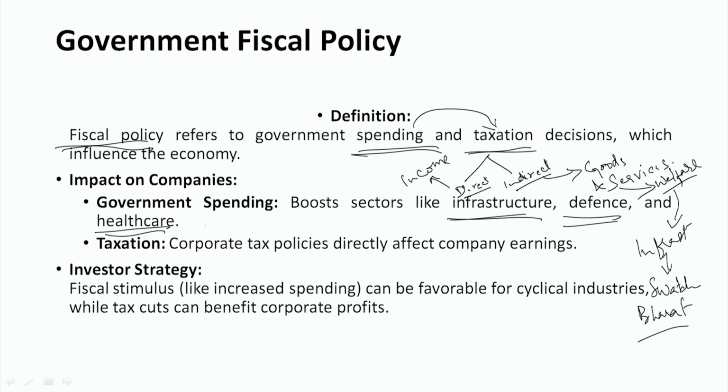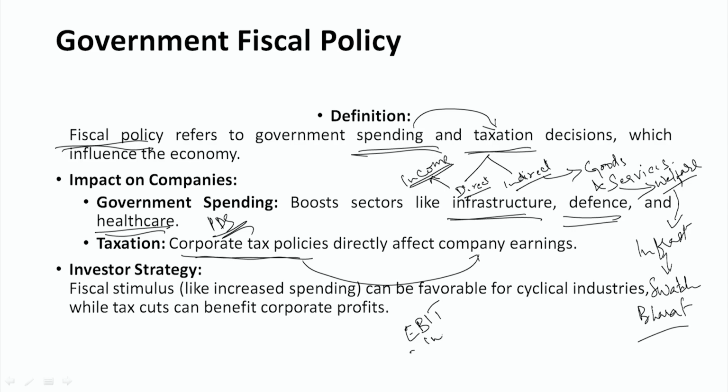Even a small thing like your PDS scheme, your public distribution system, is also a scheme through which the government spends the money collected through taxes. So taxation here talks about the corporate tax policies as well as the individual income tax. The corporate tax policy has a direct impact on the company's earnings, because when calculating the profit of the company, first I get the earnings before interest and tax.